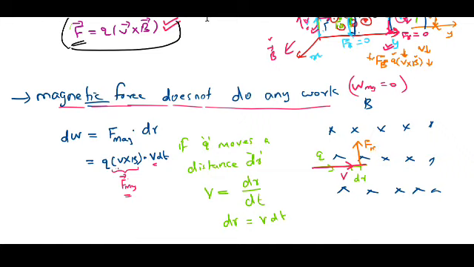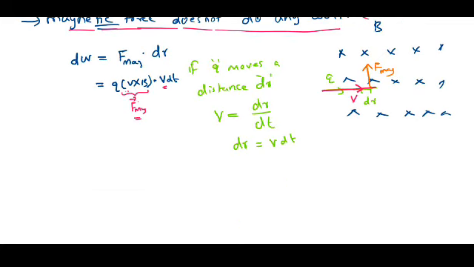It's a magnetic force. We have already discussed this direction of the force in the previous lecture. The angle between this force F and the velocity v is the angle theta in this picture.